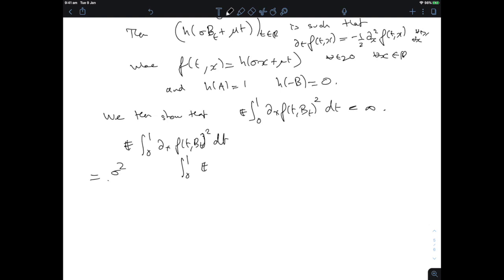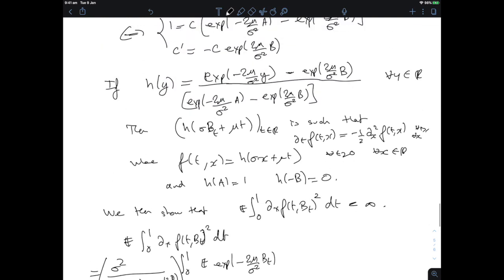So it's sigma squared divided by exponential minus 2 mu over sigma squared a minus exponential 2 mu over sigma squared b, and then this is times expectation of exponential minus 2 mu over sigma squared of bt.